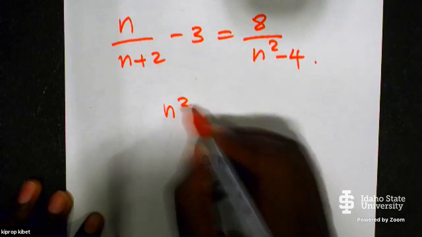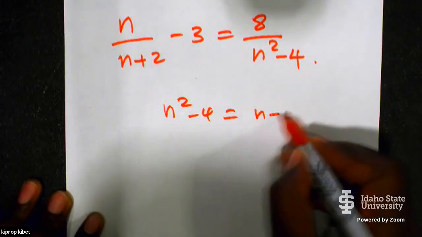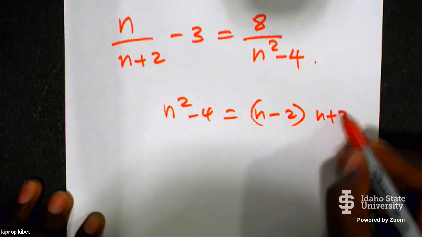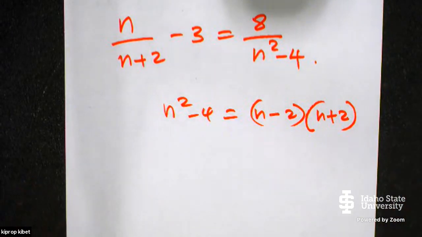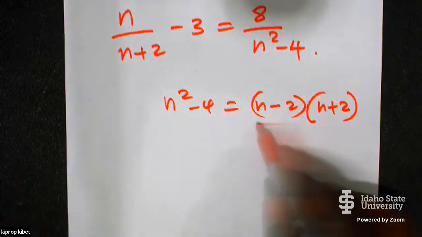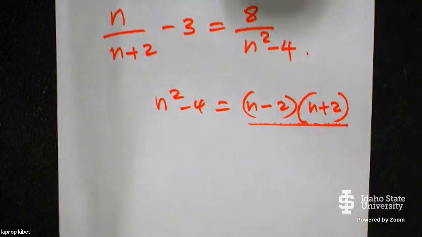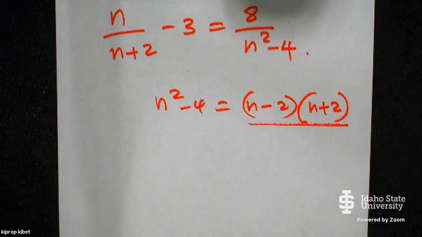So n squared minus 4 is the same as (n minus 2)(n plus 2), right? So therefore, this will be the LCM. So you multiply everywhere by (n minus 2)(n plus 2).